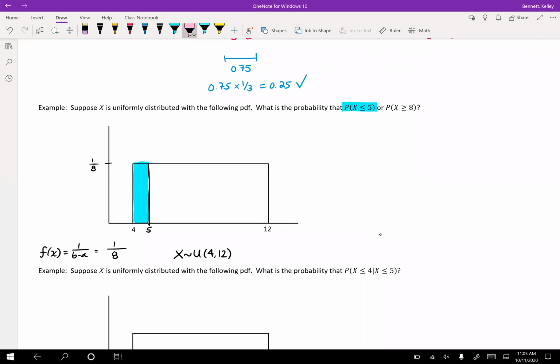And where would 8 be? 8 is in the middle.